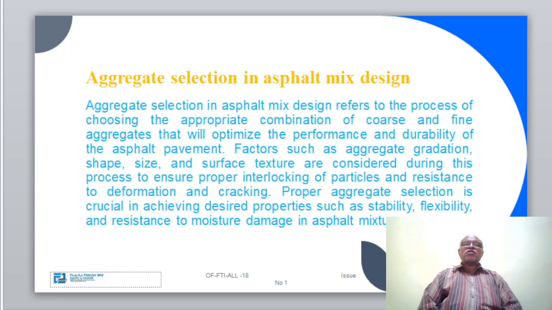Another important factor is the shape and texture of the aggregate particles. Angular and rough-textured aggregates provide better interlocking and adhesion with the asphalt binder, enhancing the overall strength of the mix. The type and source of aggregate also play a vital role in the mix design. Different types of aggregates such as crushed stone, gravel, or sand have varying properties that can impact the performance of the asphalt mix.